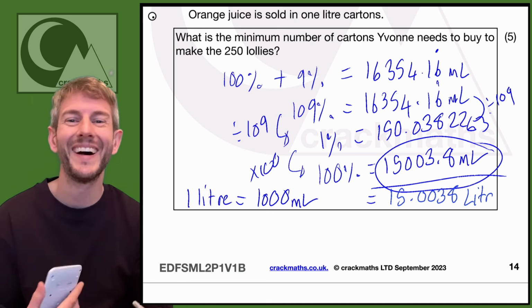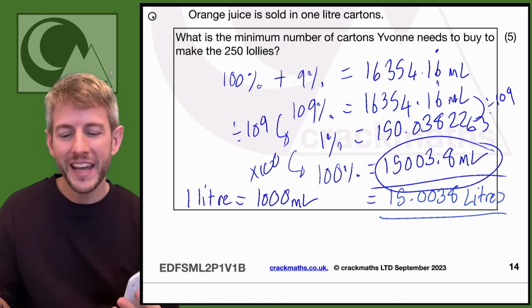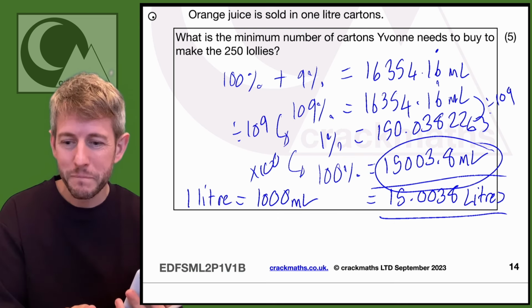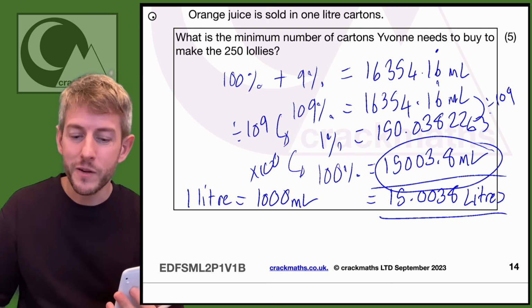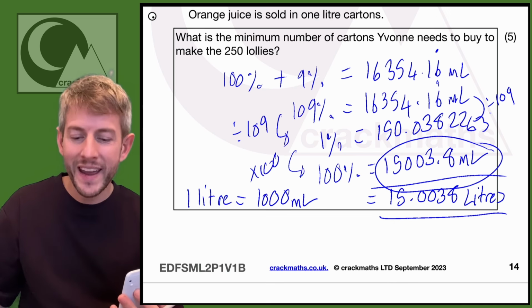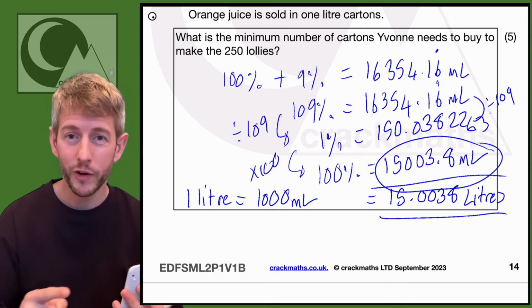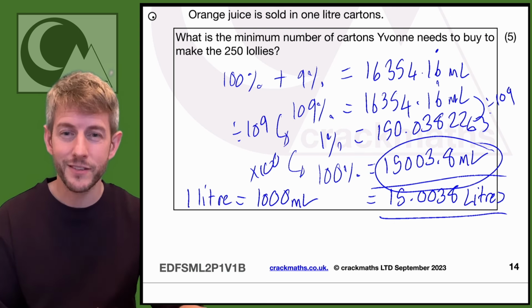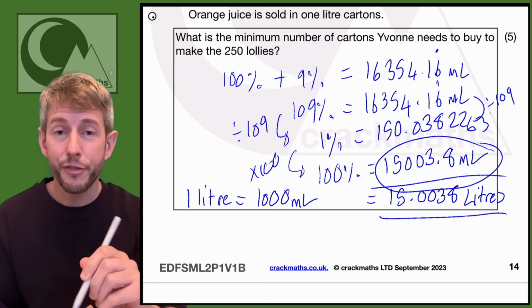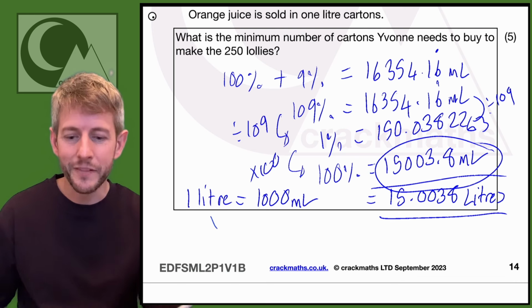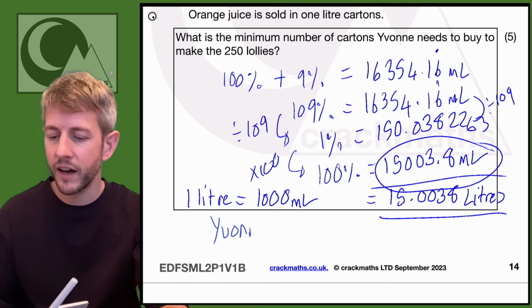So Yvonne needs 15.0038 litres. Okay. So the cartons of juice are sold in 1 litre cartons. So really, if we're truly honest here, if Yvonne only buys 15 cartons, she is going to be 3.8 millilitres short. So technically, Yvonne needs to buy 16 cartons.